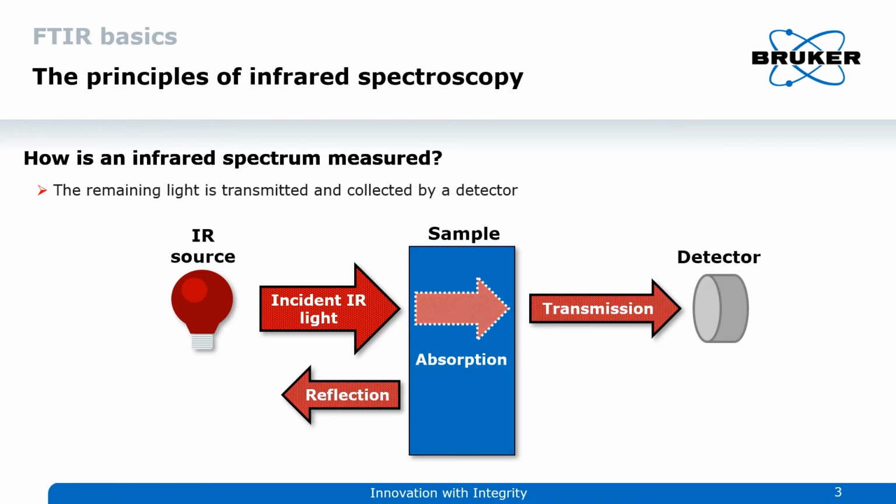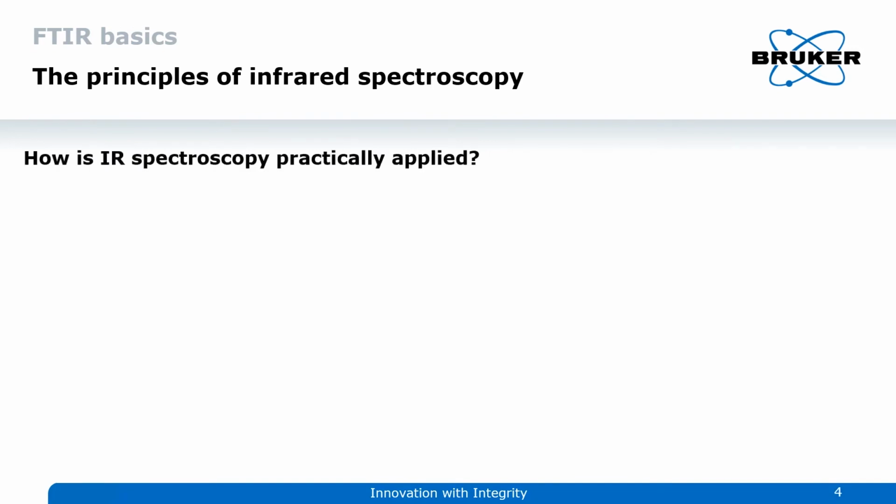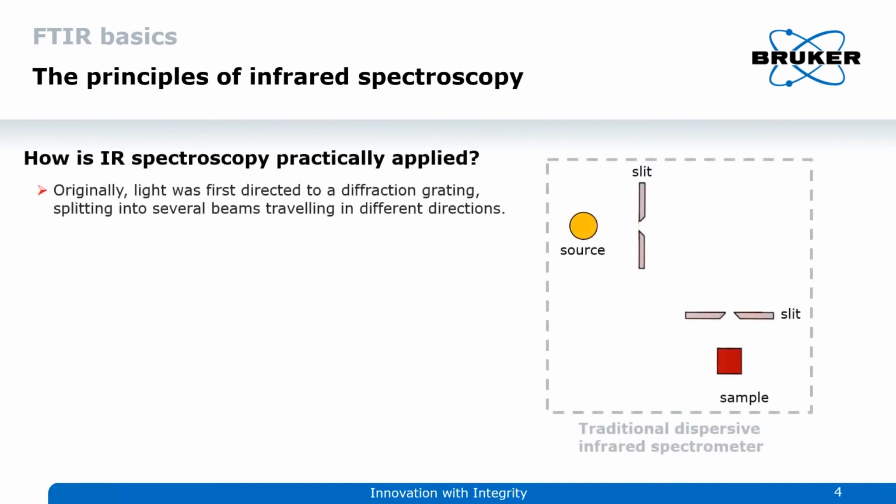But how do we turn this electronic signal into a spectrum? Well, this depends on how the infrared spectrometer is set up. In its early days, infrared spectra were exclusively acquired by traditional dispersive IR spectrometers. This was done by directing light onto a diffraction grating that splits the light into several single beams.